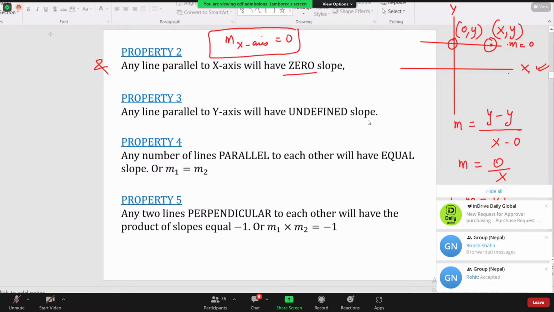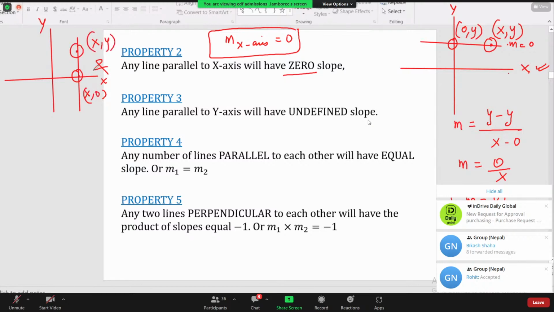Similarly, let's take a line which is parallel to the y-axis. This is the y-axis, this is the x-axis. So I'll need to take 2 points on this line. Let's say I take one point having coordinates x comma 0 and another point on the same line having coordinates x comma y.